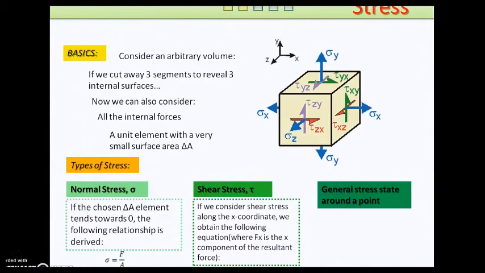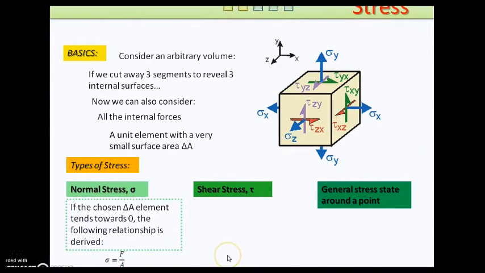And therefore, it is the intensity of the tangential force acting on the small surface area of our elemental volume. We obtain the following equation if we consider the tangential forces acting in the x direction.